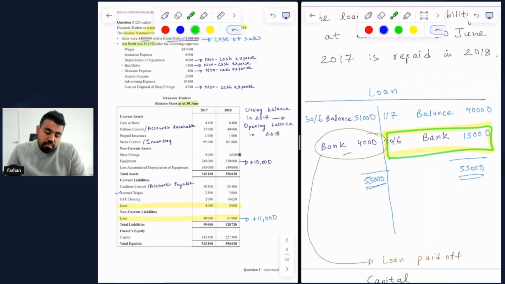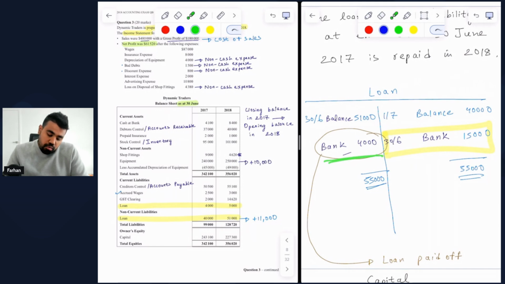But we also have repaid loans during the year, and that repayment refers to the $4,000 that we included as current liability from end of 30 June 2017. So this loan would have been fully repaid, which would have reduced the obligation. And because the obligation would have gone down, we have to include it on the debit side, which refers to the reduction in the overall liability balance for loan.